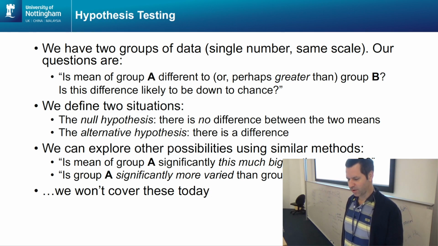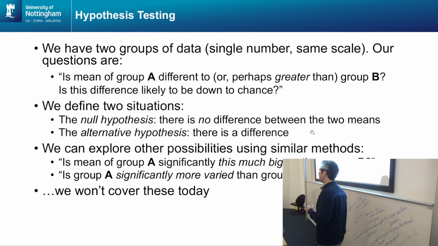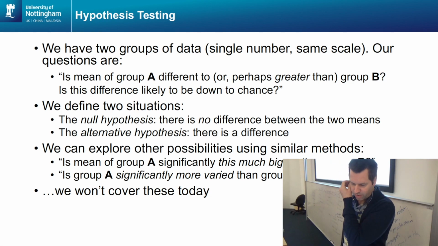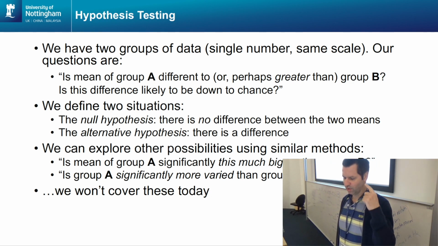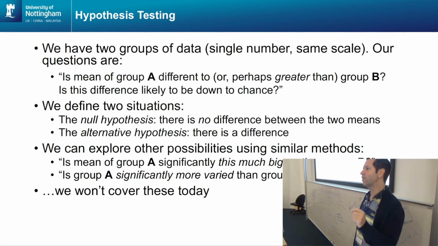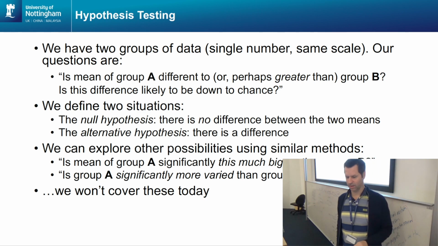And then the other hypothesis is, yes, there is a difference and it's meaningful. That's not called the null hypothesis, but this phrase, the null hypothesis, appears over and over again every time you test for statistical significance.